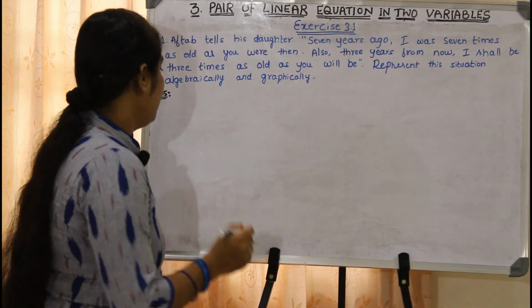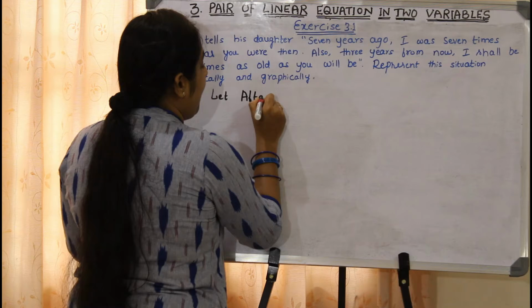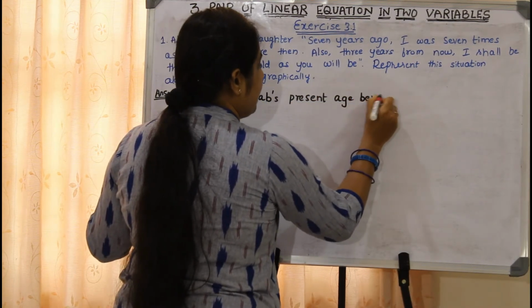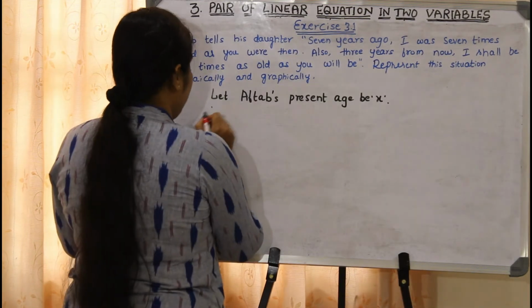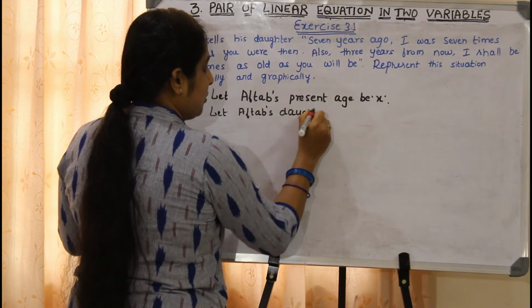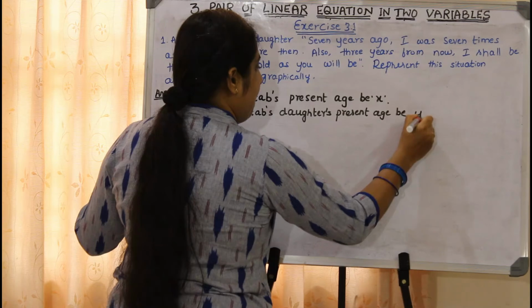So let us first take Aftab's present age as x. Now let Aftab's daughter's present age be y.